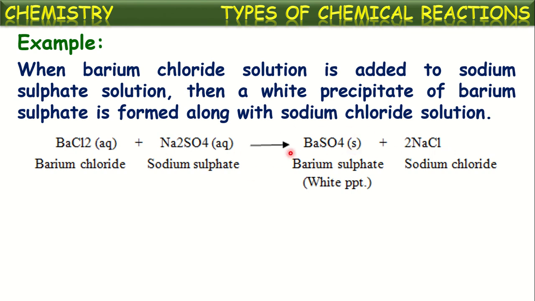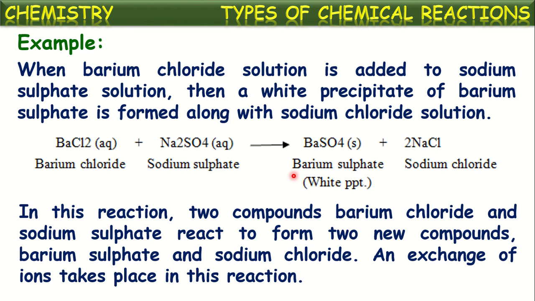Here the formation of new substances can be identified by the formation of white precipitate of barium sulfate. Okay, in this reaction, two compounds barium chloride and sodium sulfate react to form new compounds barium sulfate and sodium chloride. So here these two new compounds are formed by the mutual exchange of their ions.